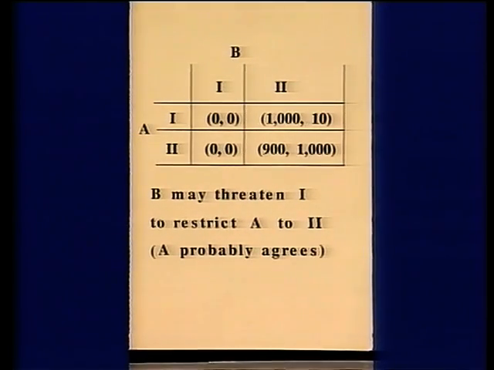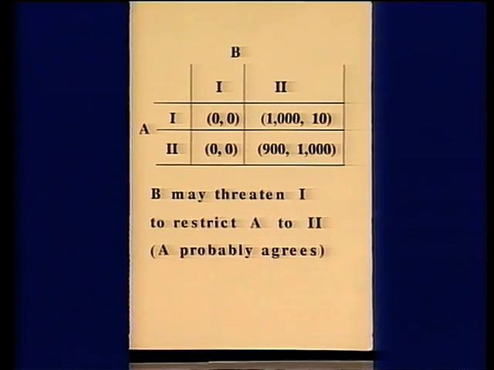Again, another example. Each time, A and B have a choice. Now, B could threaten to play his first strategy out of spite, if you like, in order to try and force A to play his second strategy. £1,000 to B is well worth winning, and he can only get that if A plays his second strategy. Of course, A is going to lose.